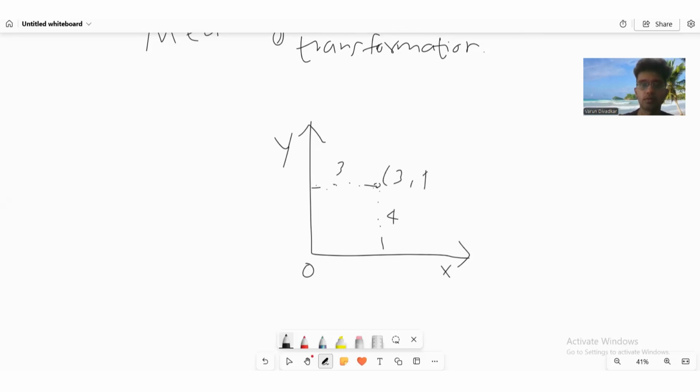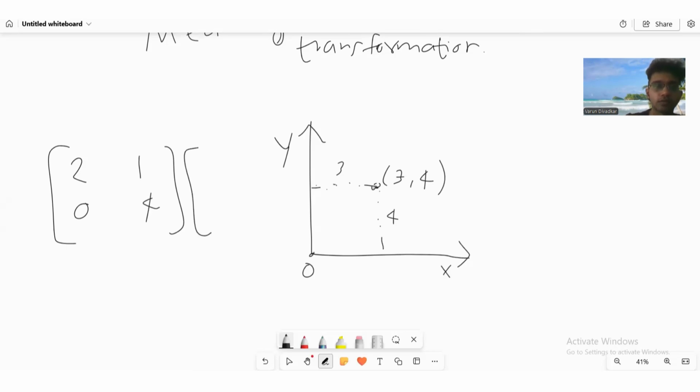It's 3, 4. And if we subject this point to a matrix transformation, it's actually the coordinate system which we are subjecting to a matrix transformation, right? So let's say 2, 0, 1, 4. This time you see that this is non-zero. It's 1, 4. So what's going to happen to this point? So 3, 4.